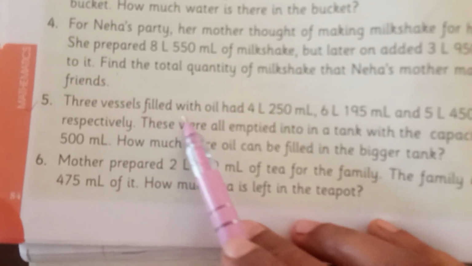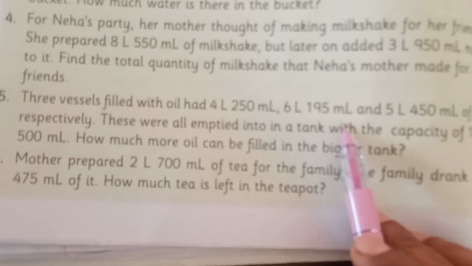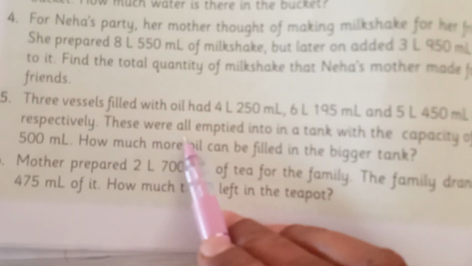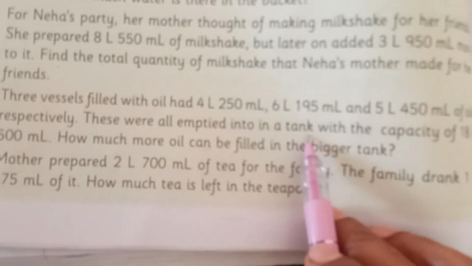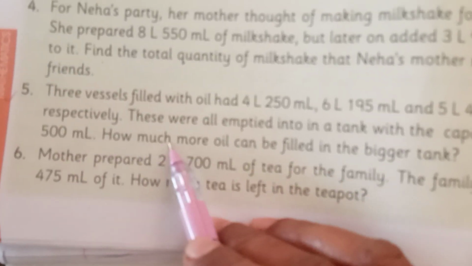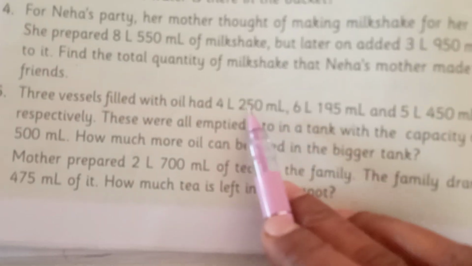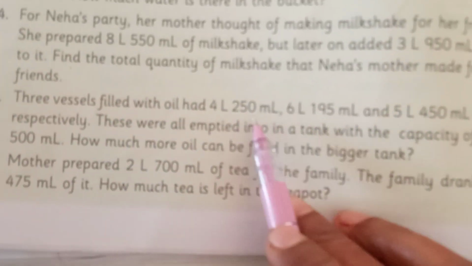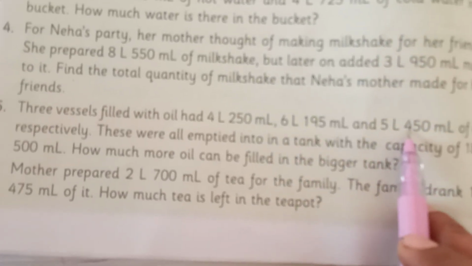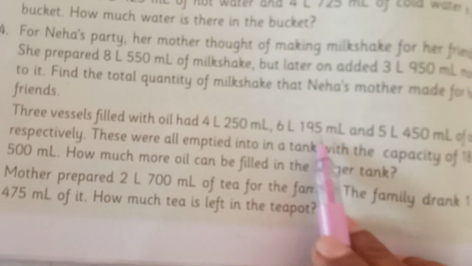3 vessels filled with oil had 4 liter 250 ml, 6 liter 125 ml and 5 liter 450 ml of oil respectively. These all were emptied into a big tank with the capacity of 18 liter 500 ml. How much more oil can be filled in the bigger tank? So, children, there are 3 small containers, and respectively means the first container has this much oil, the second container this much, the third container this much.